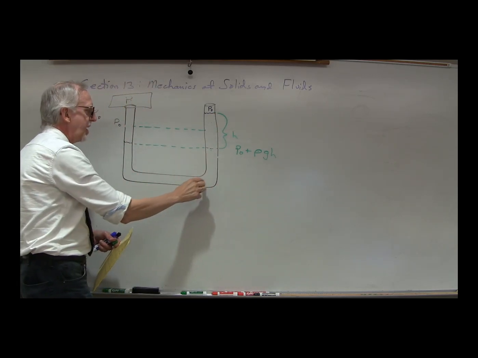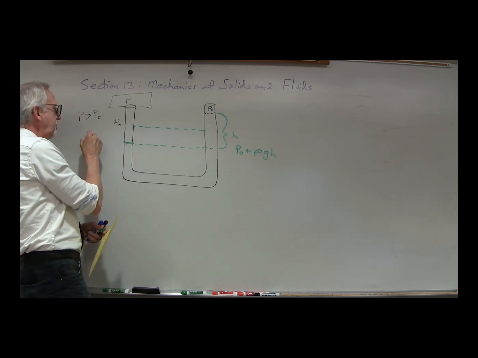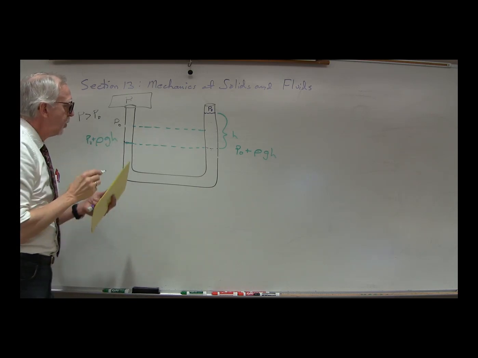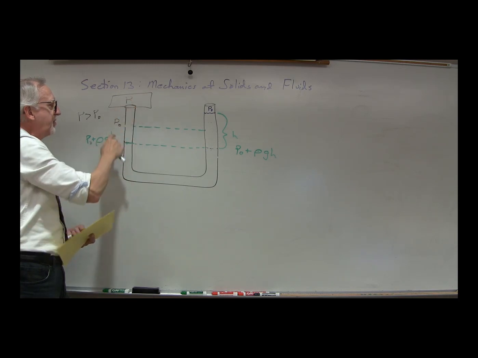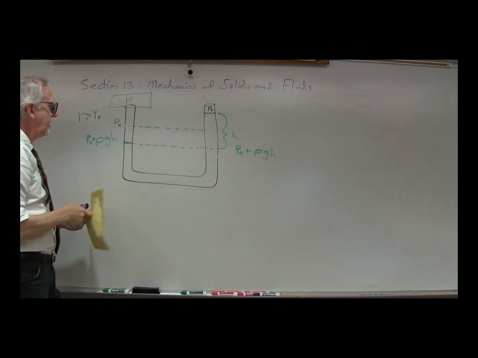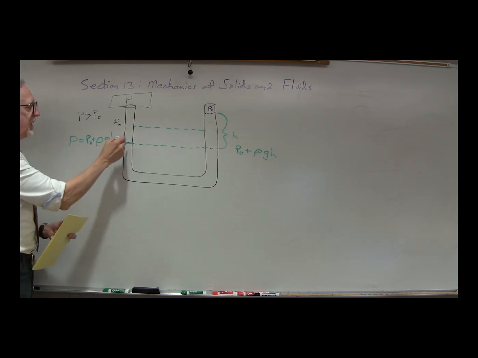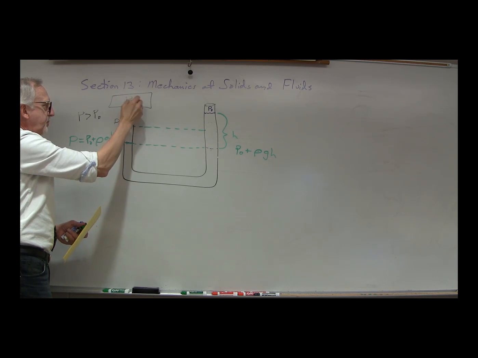And then if we come down and then back up the same amount, the pressure over here must also be P0 plus rho gh. Which means the pressure that we have up here, whatever this pressure is, P, is going to be the same as what the pressure is up here. All of this is at the same pressure.